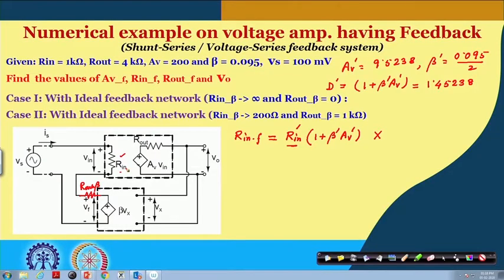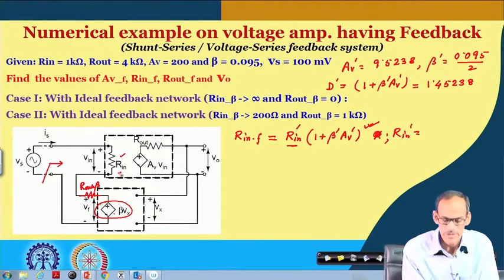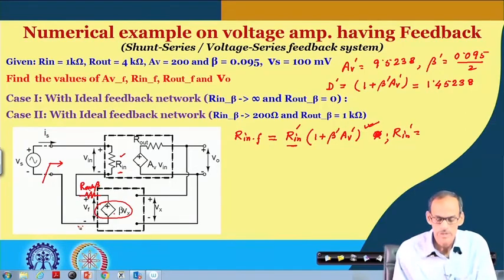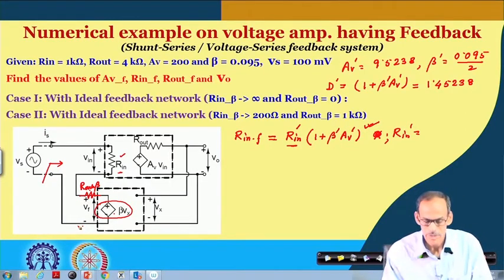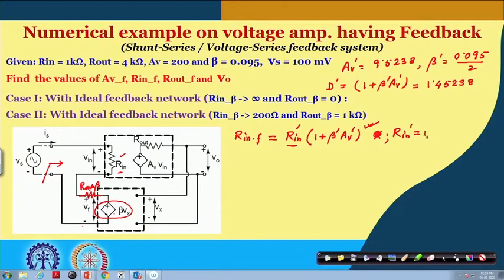In fact, if I put R in dash, then of course it is correct, where R in dash is equal to the input resistance of the circuit in the absence of this feedback signal. So, if I say this signal is 0, the input resistance is R in and R out beta in series. So, R in dash is equal to R in plus R out beta.